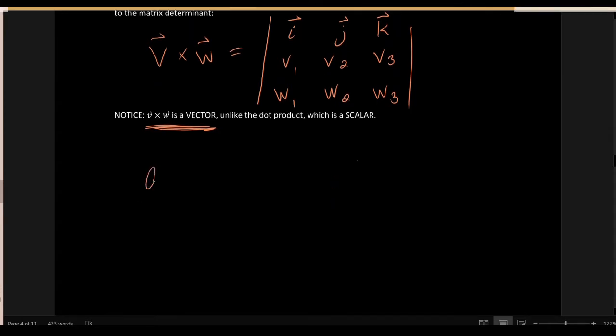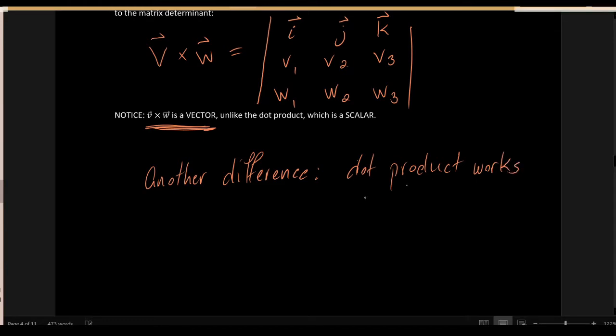Another difference between these two is that the dot product could be done even for 2D vectors, but again, the cross product is defined only for 3D vectors.